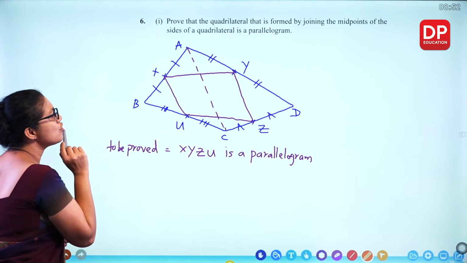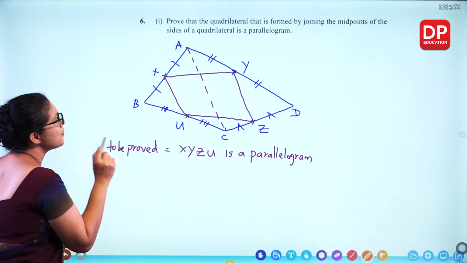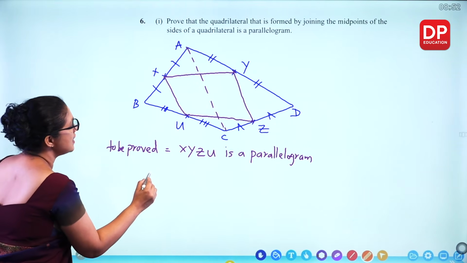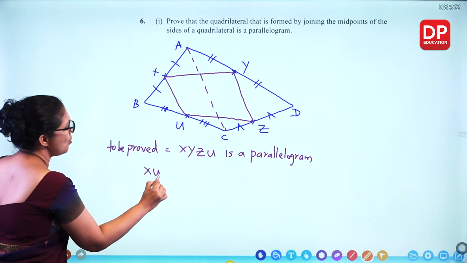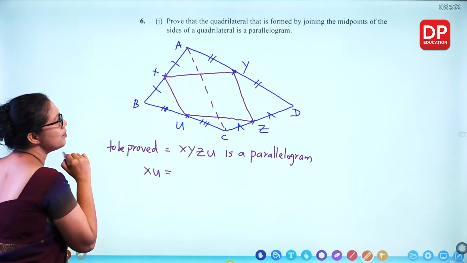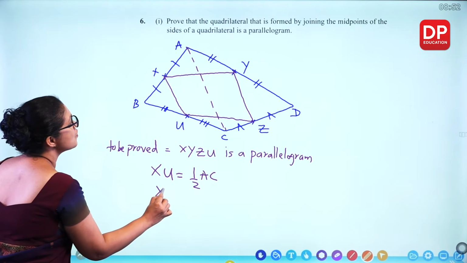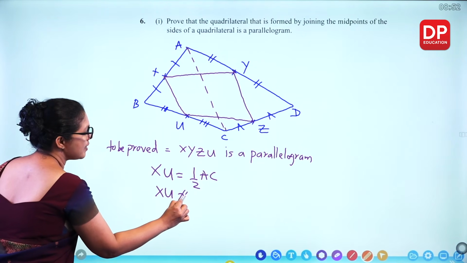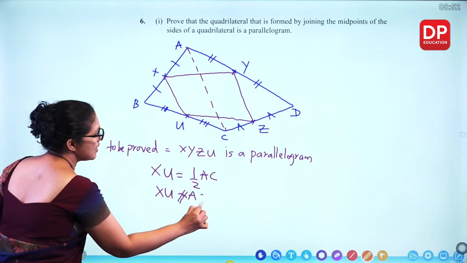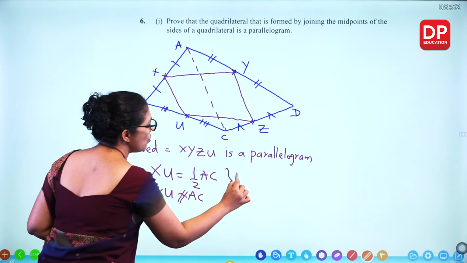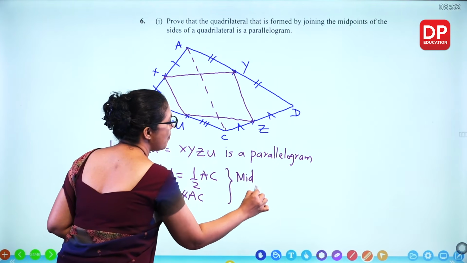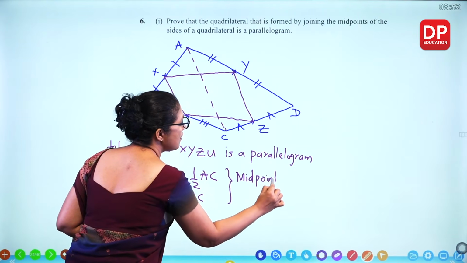So according to the midpoint theorem, we can say that XU is equal to half of AC as well as XU is parallel to AC.